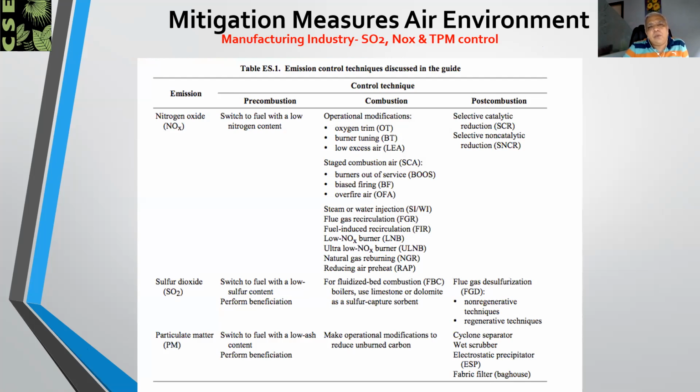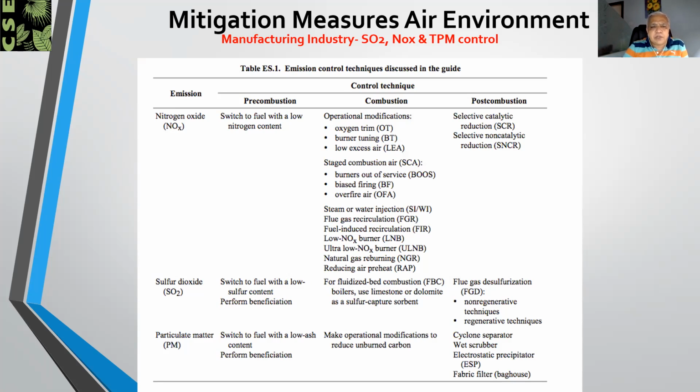Now coming to mitigation measures for the manufacturing sector industry. A major source is fuel burning, which is the cause of the highest levels of discharge or emission of nitrogen oxides, sulfur dioxide, and particulate matter. The control techniques here for all these three pollutants can be applied during the pre-combustion, combustion, and post-combustion stage.